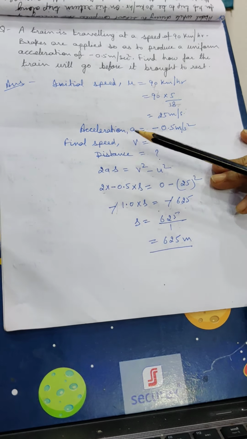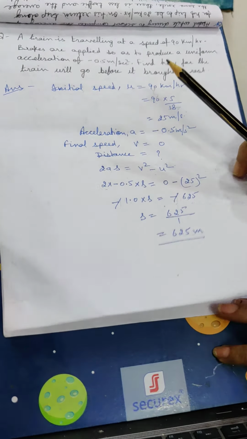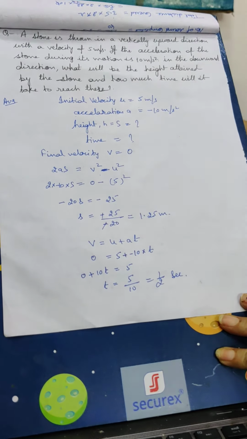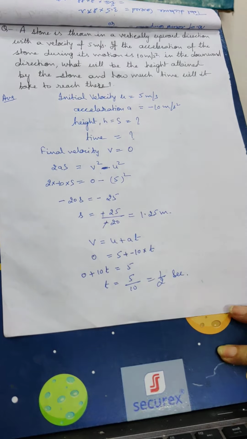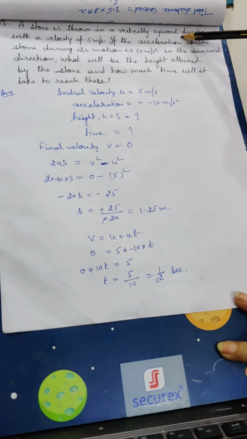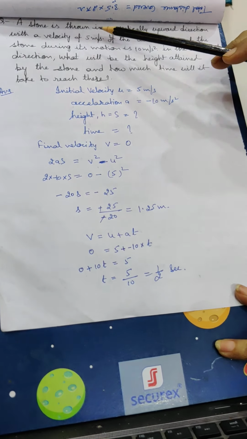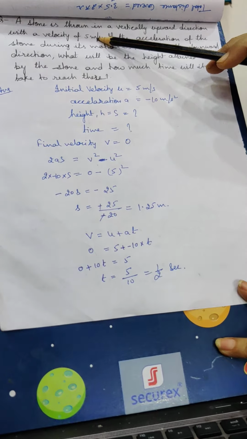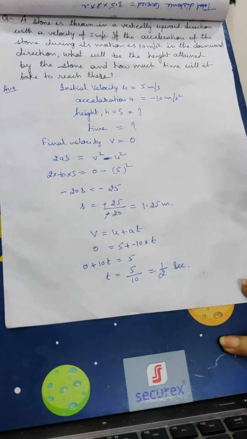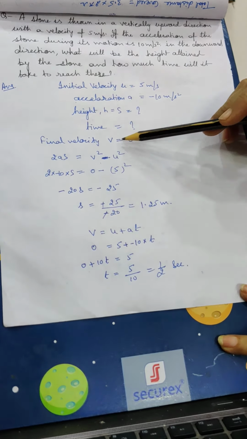Now let us solve one more example based on equations of motion, so that it is clear to all of you. A stone is thrown in a vertical upward direction. The stone is thrown upward with a velocity of 5 meter per second. Always remember, when something is thrown upward, its final velocity becomes 0.